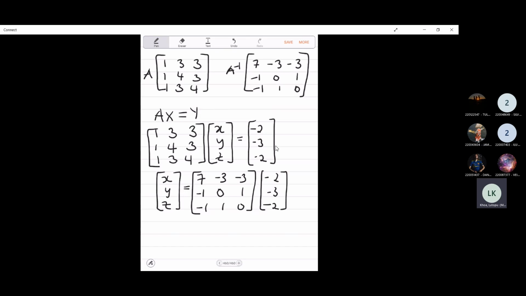Okay, and then you need to multiply row with a column. So this gives us 7 times minus 2 plus minus 3 times minus 3 plus minus 3 times minus 2, which is 1.